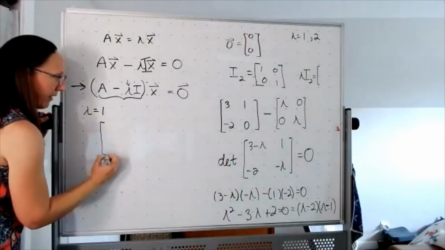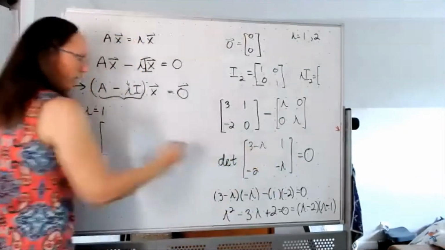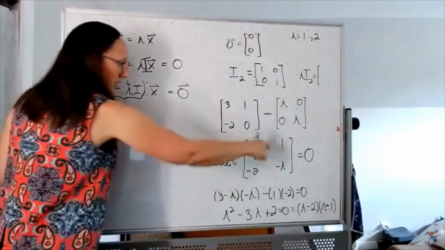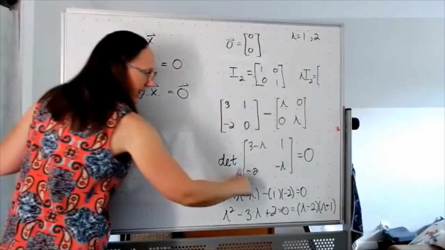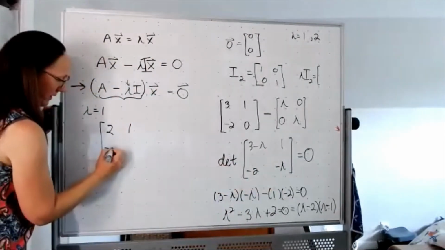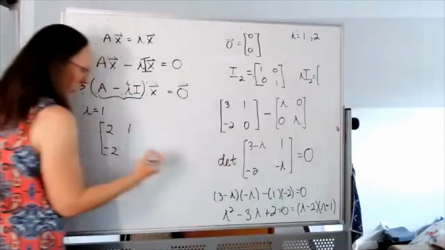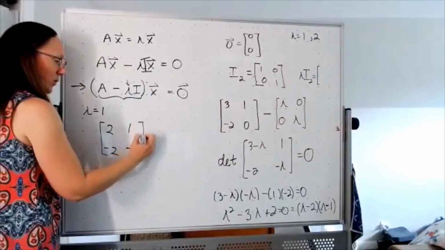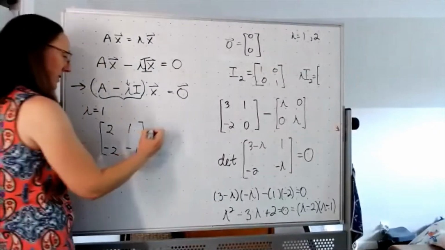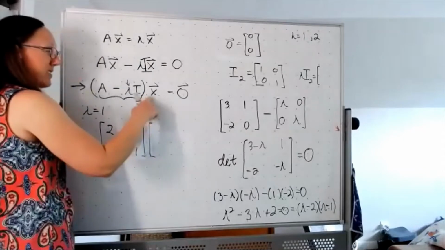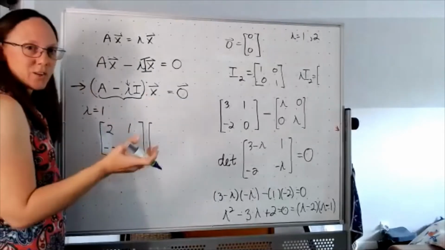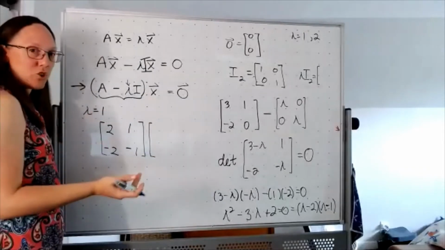I'm going to have 3 minus 1, the 1, and then negative 2. And when I plug in lambda here, I'll have negative 1. So I'm going to have this matrix times this x vector. Now, this is where notation-wise we get to make a choice.